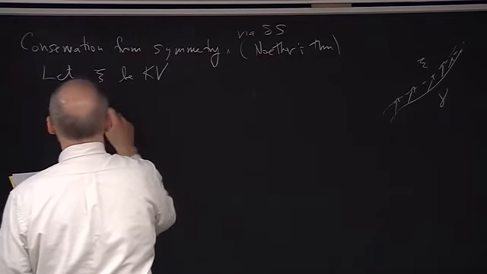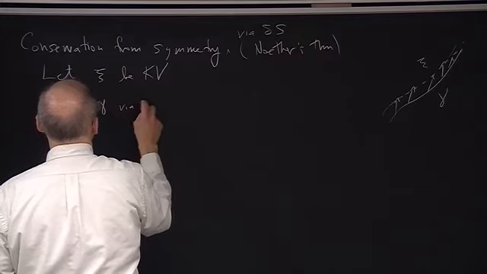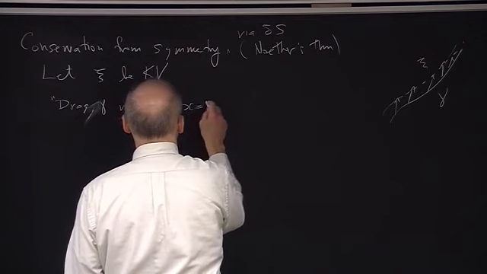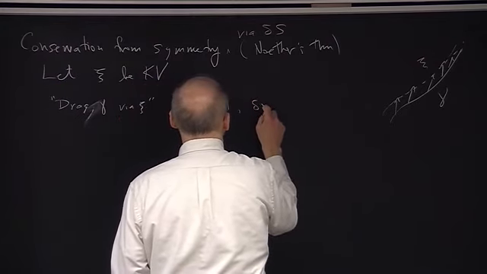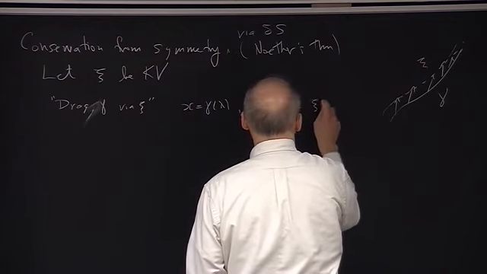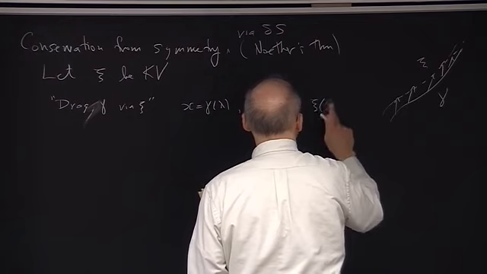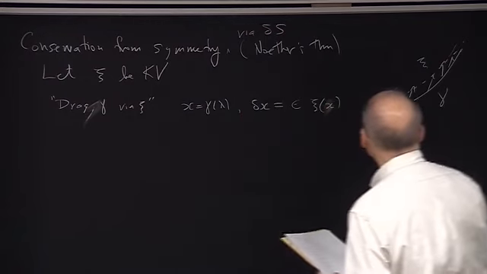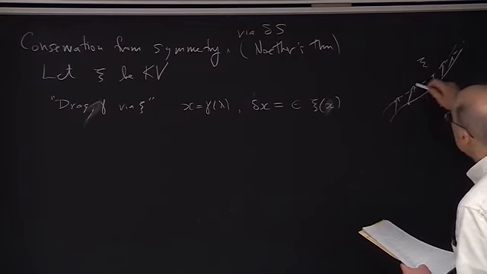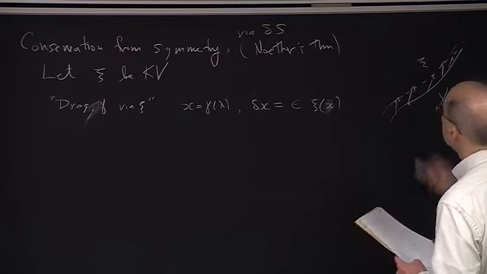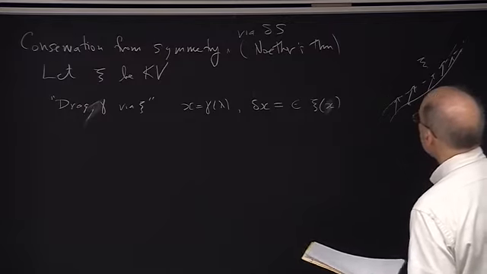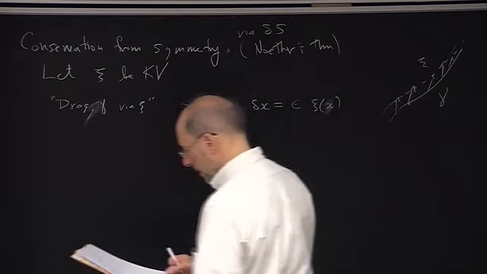Just drag gamma via psi. What that means is that we write x equals gamma of lambda as usual, and we let the variation, delta x, be just epsilon times psi of x. So whatever the value of that vector field psi was, at that point along the world line, we transport that point to the infinitesimally nearby point defined by the vector field psi. Okay?